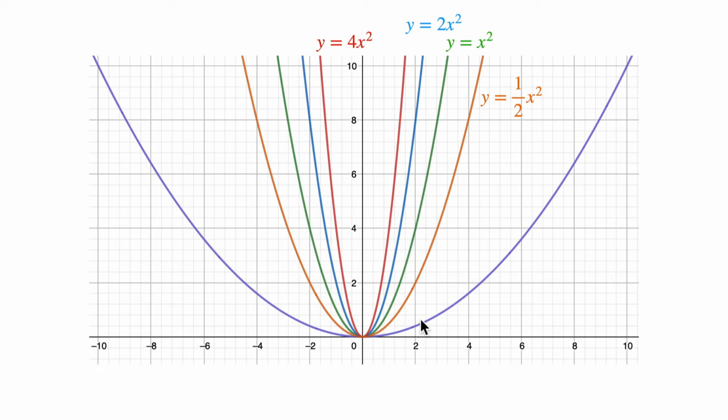You can also simply verify it by putting in some x values in the formula. Like for example, when x is equal to 2, then you get 1/2 of 4, which is 2. So the point (2, 2) belongs to this orange parabola, while in the green one you had the point (2, 4). So you get a more narrow parabola. And here for this one you have the coefficient c equal to 1/10.